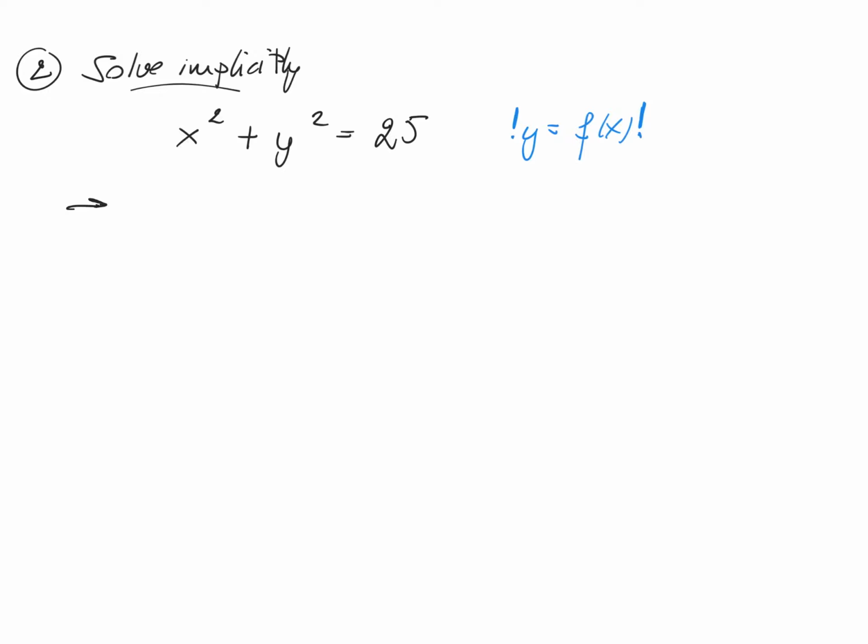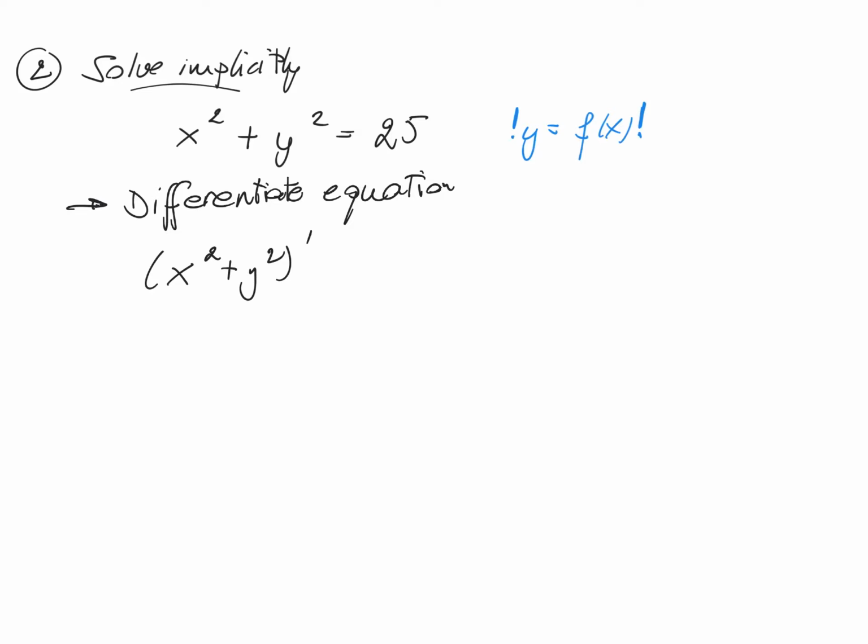What you then do is you differentiate the entire equation. You differentiate the left-hand side and the right-hand side, and you keep in mind that y depends on x. So we have the derivative of the left-hand side, x squared plus y squared derived, equal to the derivative of 25. Then we work out this derivative.